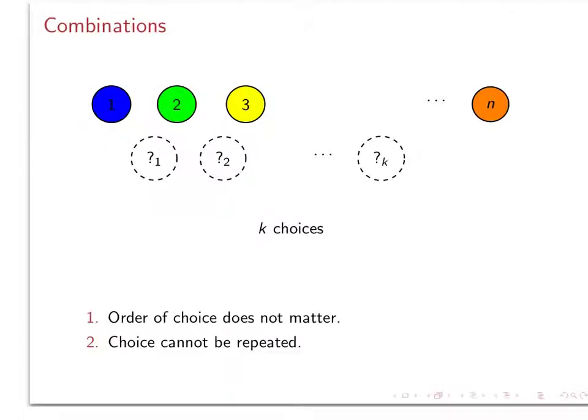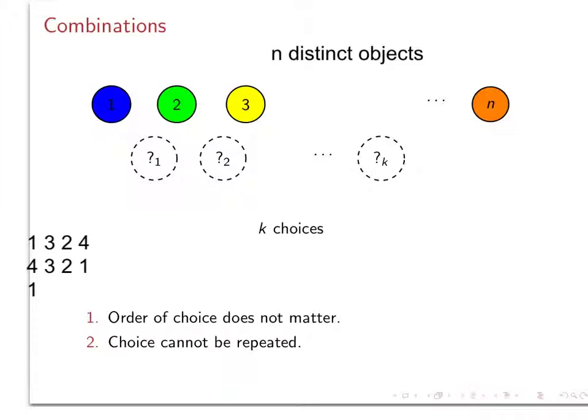In this lecture, we look at a combination. A combination is still n distinct objects, so we have n distinct objects to choose from, but the order of choice doesn't matter. So if you choose in the order, for instance, 1, 3, 2, 4, it's the same choice as 4, 3, 2, 1.